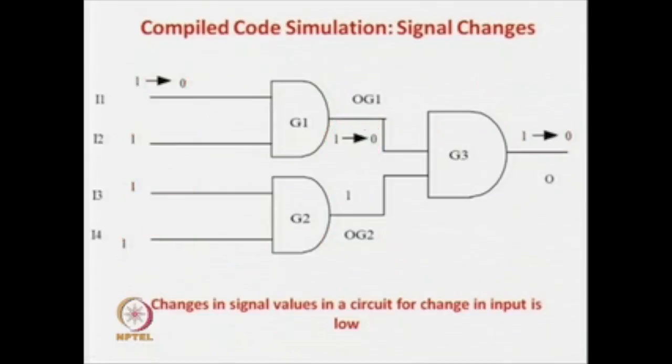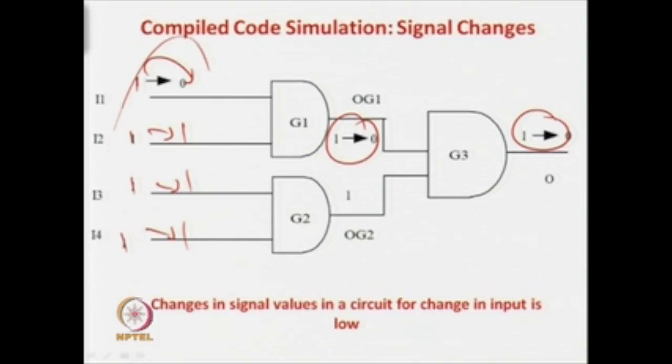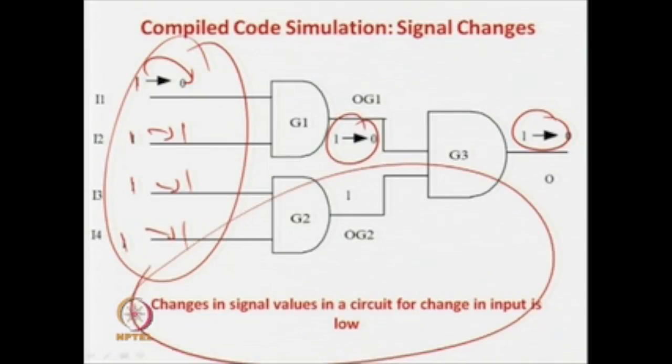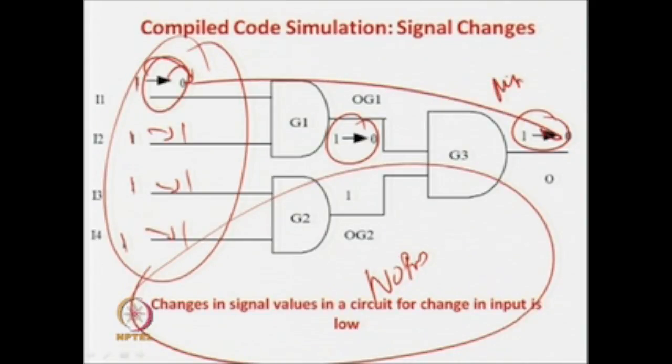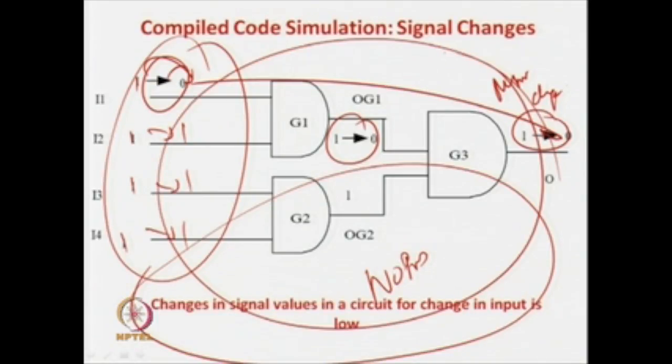So, there are some changes, but if you are going for a compiled code simulation, then the problem is that you have to have a simulation for the entire circuit. Now consider it as a very big circuit where there are no changes in other parts and only a minor change here. But with compiled code simulation, the whole circuit will have to be resimulated, which is going to give you a big problem.